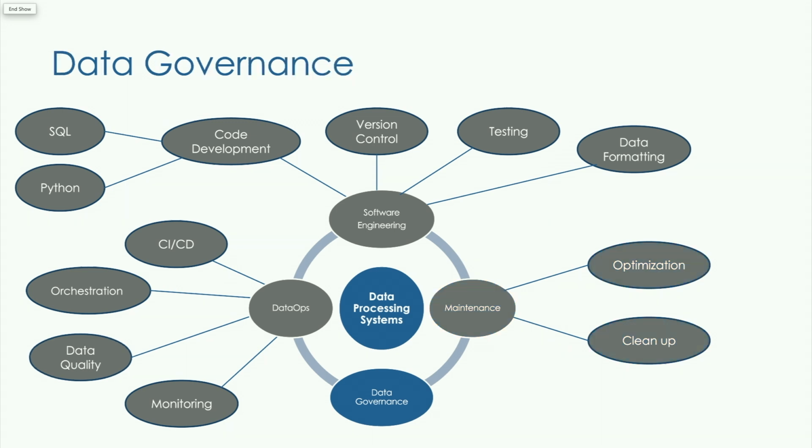And lastly, we have data governance, where you need to ensure that your data is governed and secured, in order to make sure that your pipeline is secure, in terms of who has access to the data, when, and which exactly type of data.